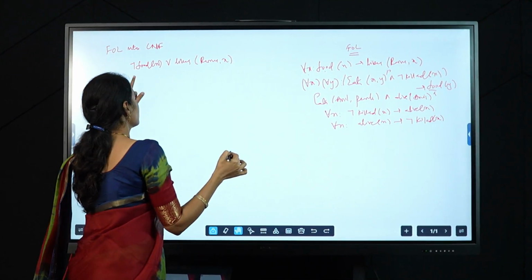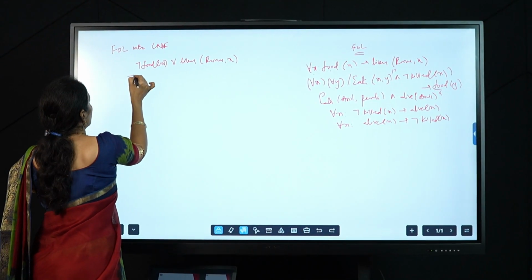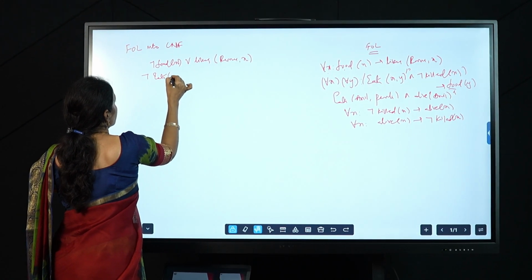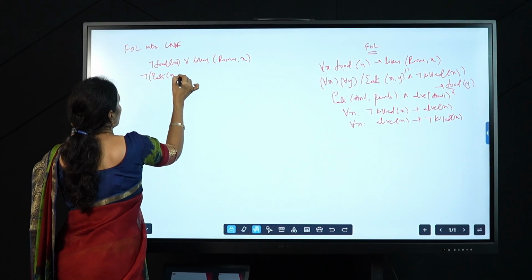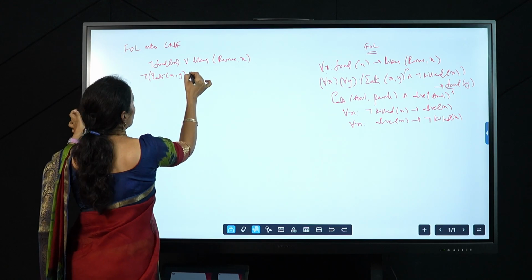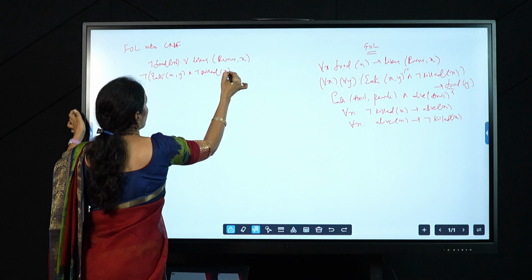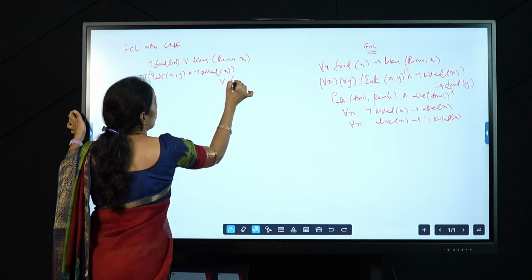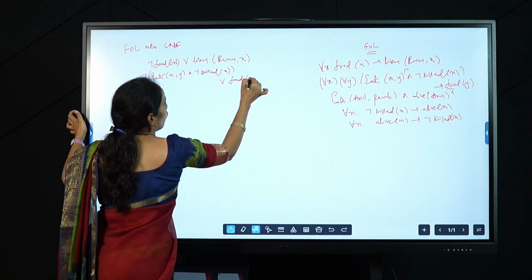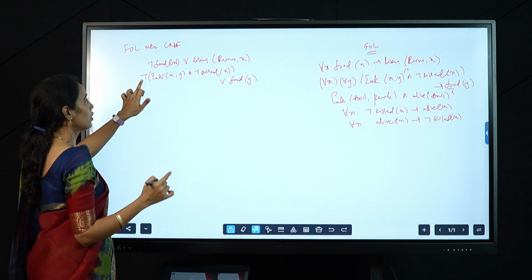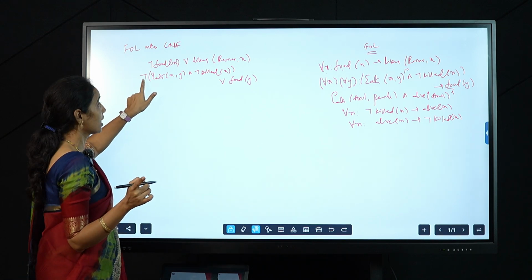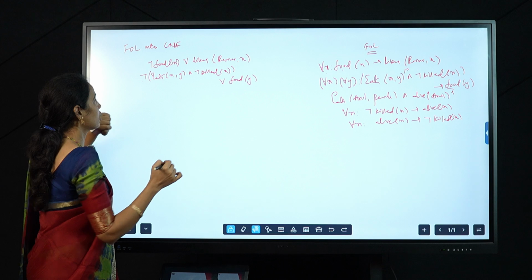So the same formula again. It can be negation of eats x comma y and negation of killed x or food comma y. Now we know one more rule, that whenever we have a negation, we should apply it inside to the variables also.